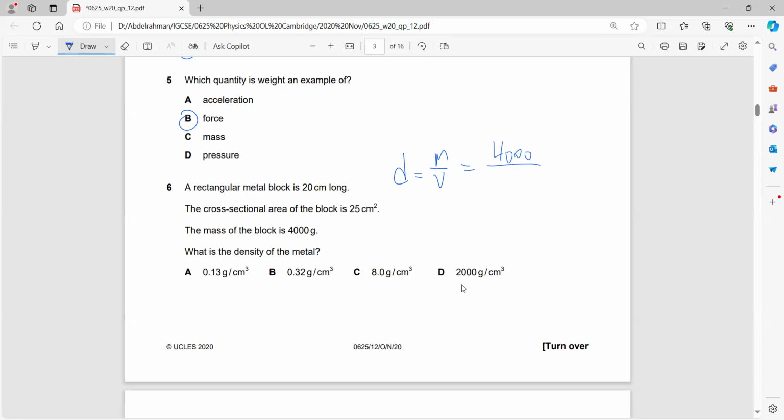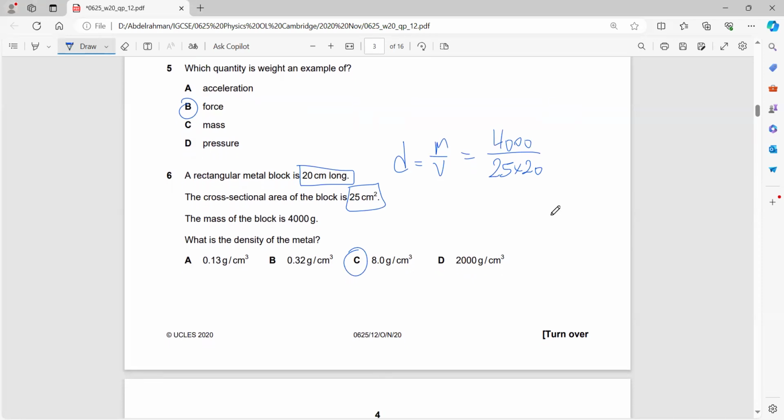The cross-sectional area times the length. 25 times 20. So 4,000 over 25 times 20. Let me calculate it quite quickly. Yes, 8, exactly. 8 grams per centimeter cubed.